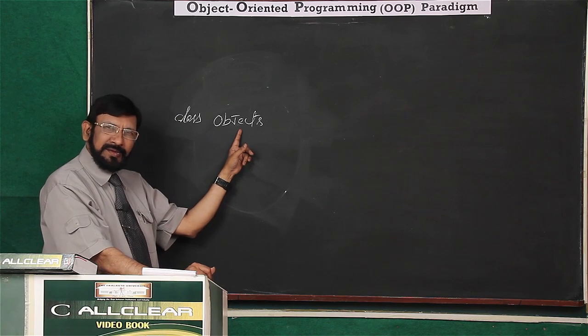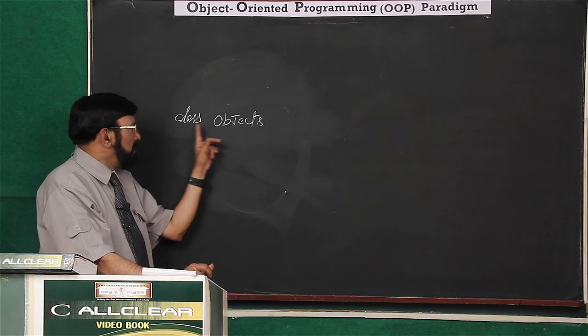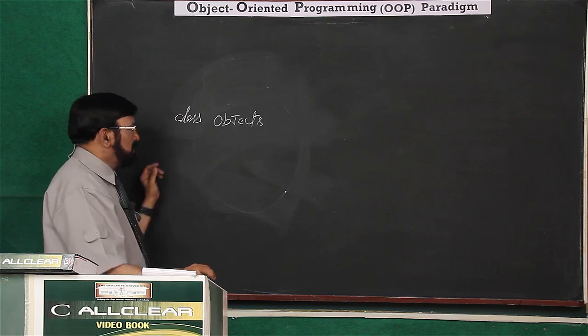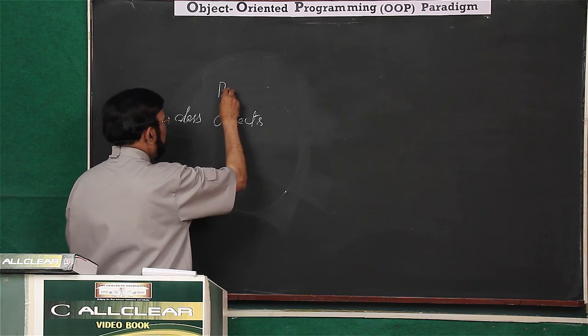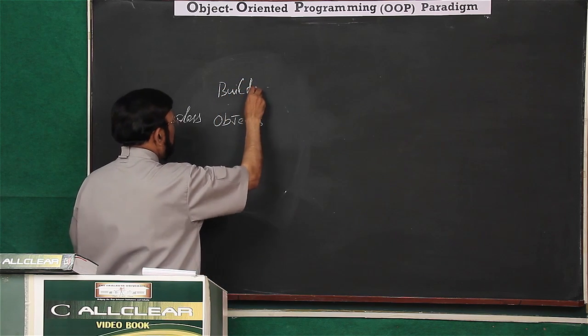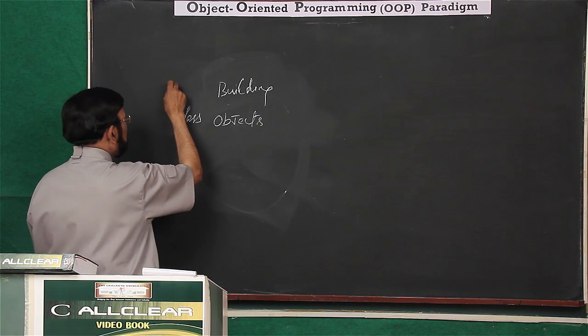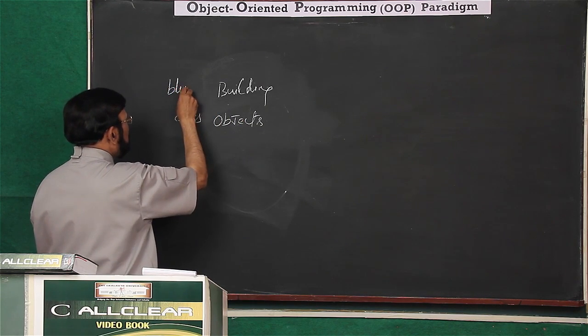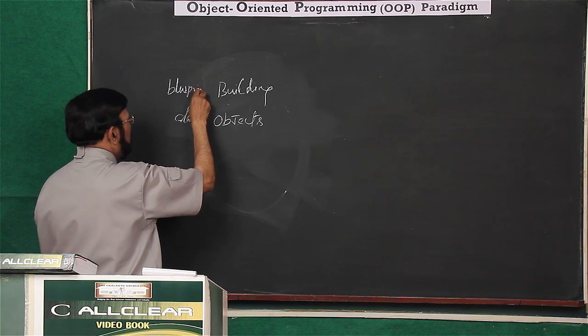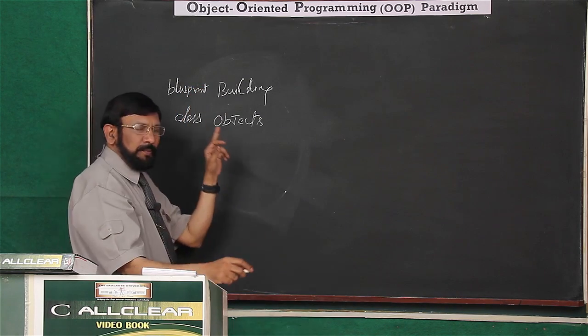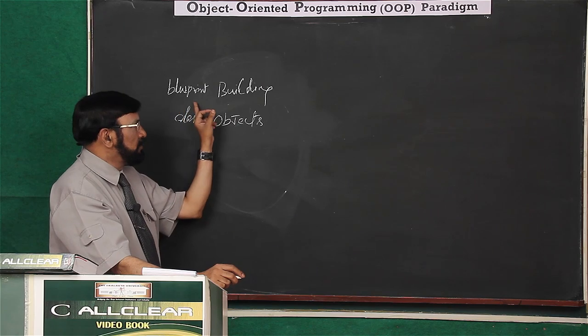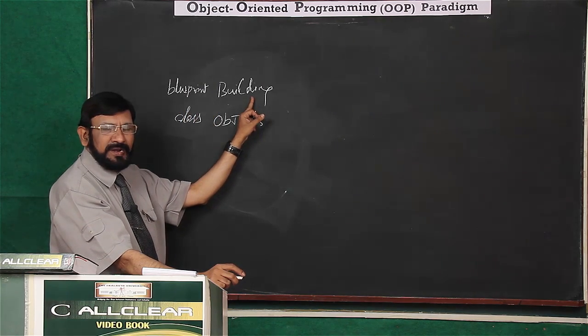The building is a reality, a physical entity. If you want a building, what do you require? First, you want a blueprint. So, first you develop a blueprint according to your requirement, then you construct the building.